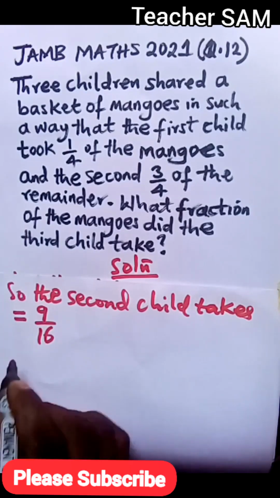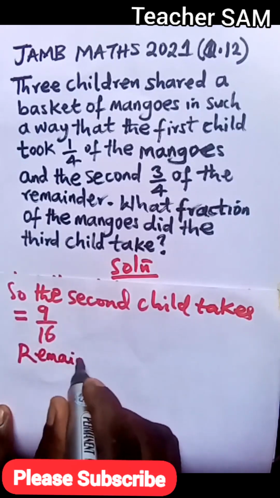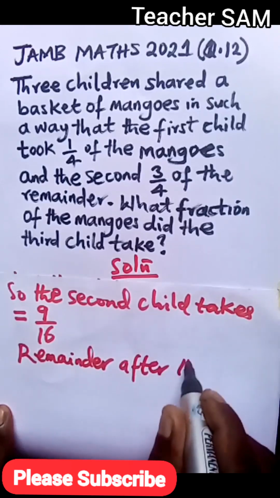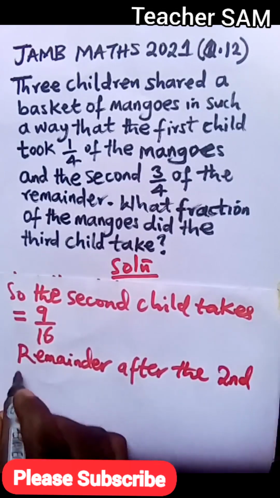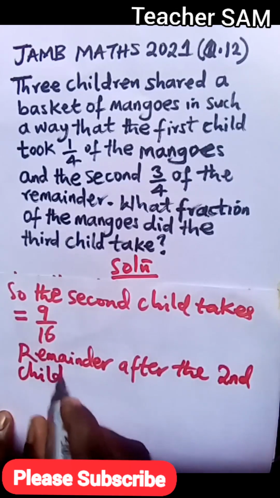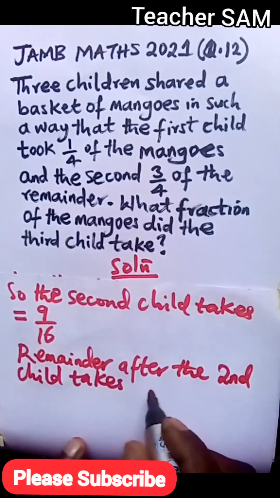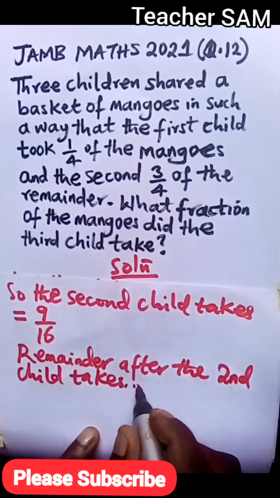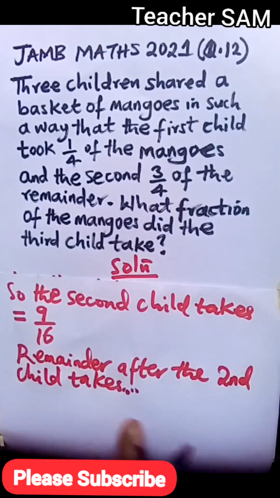Now let's see what is remaining. The remainder after the second child takes 3 over 4 of the remainder.